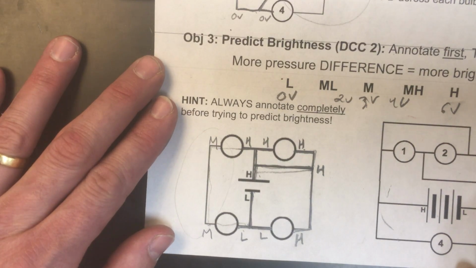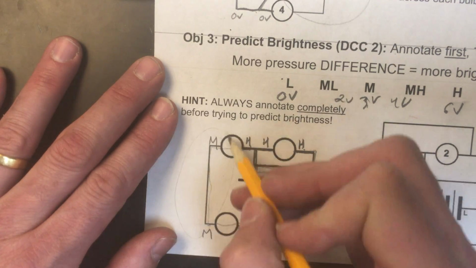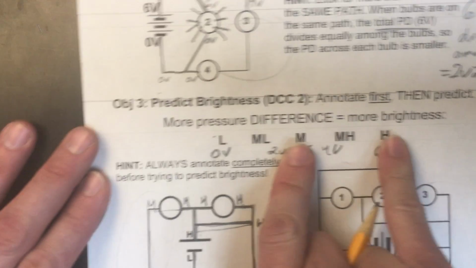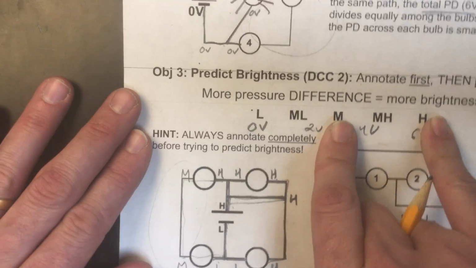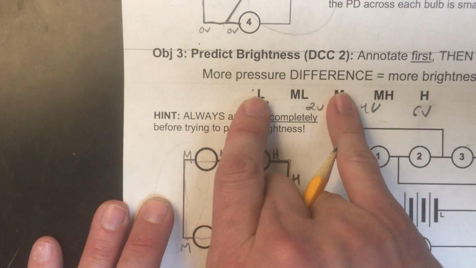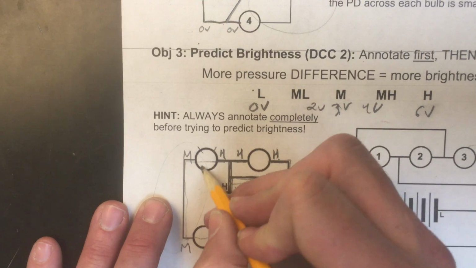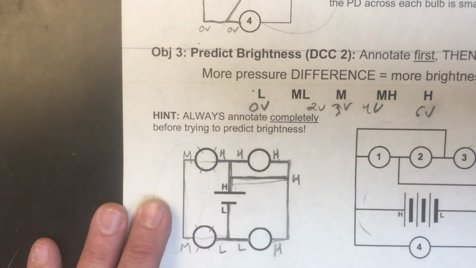If I do that same thing to this example, I could say, okay, H to M, that is not very bright. My fingers aren't very far apart. M to L, exactly the same brightness. Not very bright, so I could go like this and this.